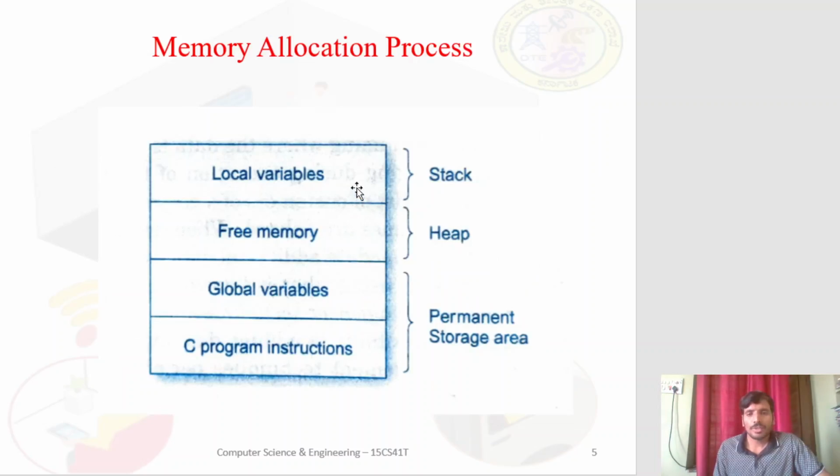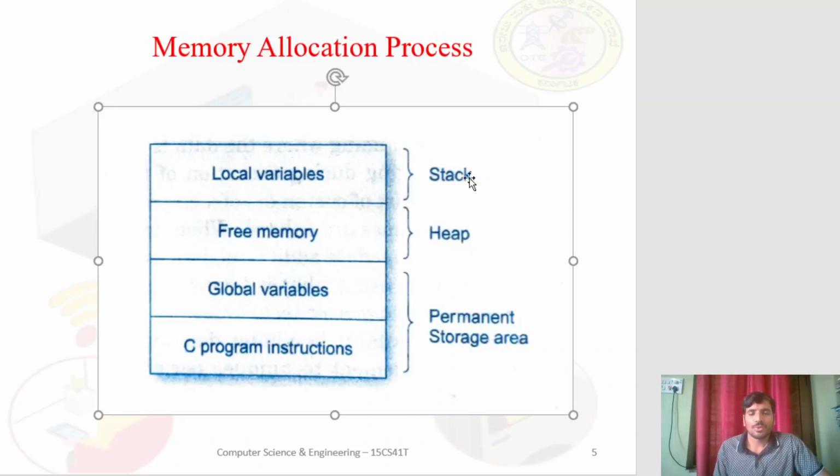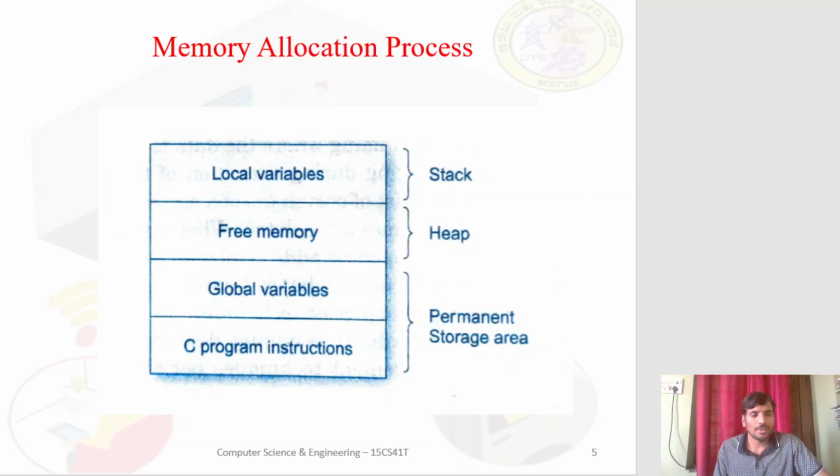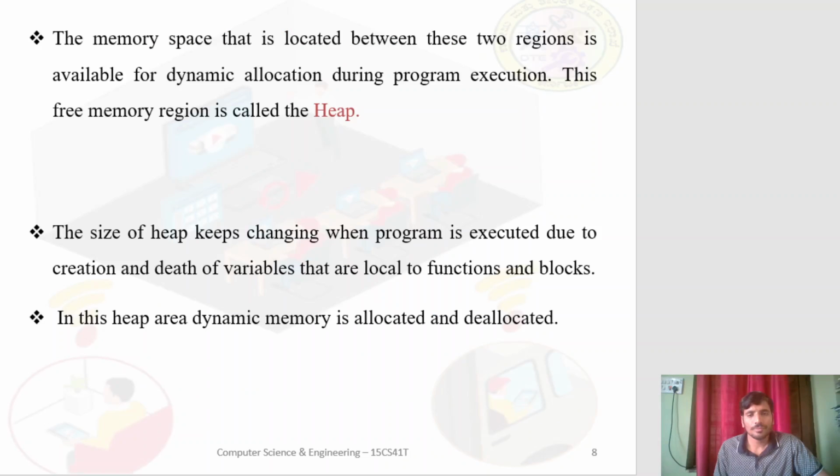ಇವೆರಡರದ್ದು ನಿಮಗೆ ಡಿಫರೆನ್ಸಸ್ ಗೊತ್ತಿರಬೇಕು. What kind of variables are stored in stack and what kind of variables are stored in this permanent storage area. Global variables and static variables are stored in this region, whereas local variables or functions are stored in this region. Then the memory space that is located between these two regions.